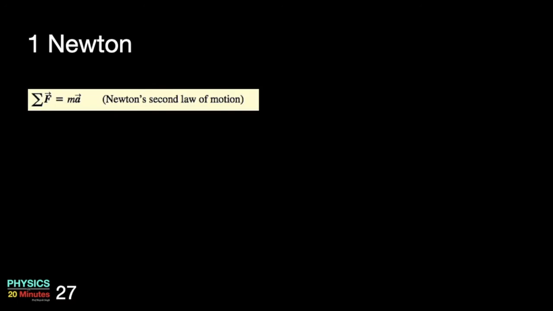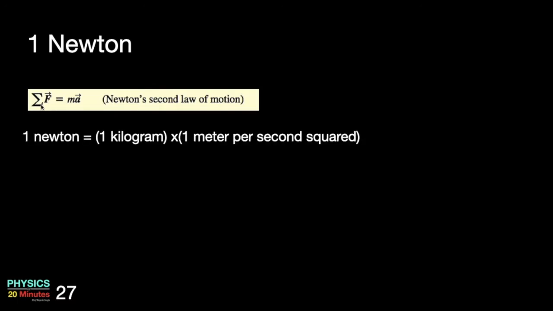We are in a position now to define 1 Newton. By Newton's second law, sigma F is equal to ma. Sigma F is said to be 1 Newton if mass is 1 kilogram and acceleration is 1 meter per second squared.